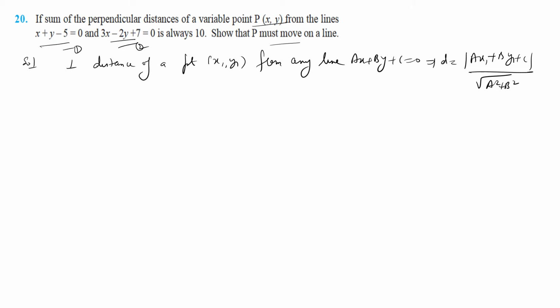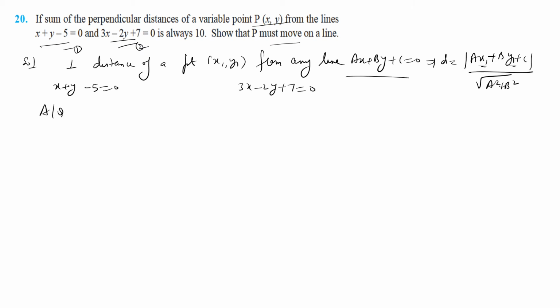Okay, now let us write the lines firstly in this form. So it is x plus y minus 5 equal to 0. These are already expressed, and this is your 3x minus 2y plus 7 equal to 0, and the point here is xy itself.